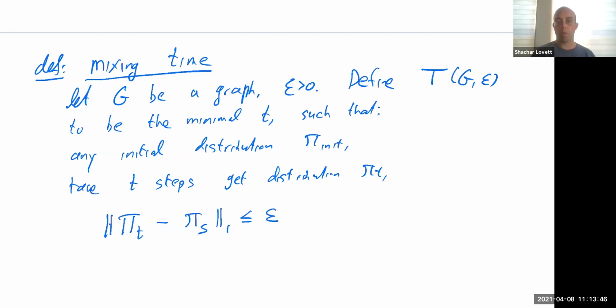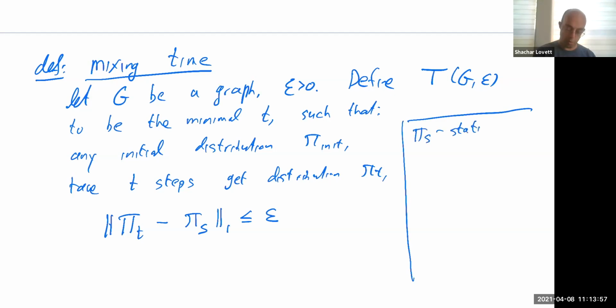So let me remind you a few things about this definition from last time. So first of all, let me put it here on the side. So pi_S was a stationary distribution, meaning it's a distribution over nodes, but if I take a single step, I'm going to stay at the same distribution.